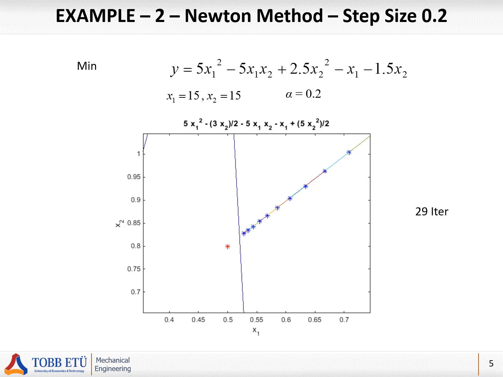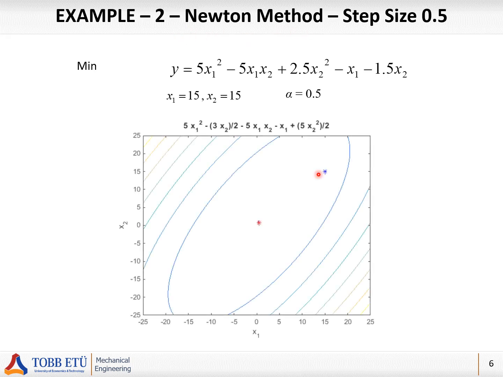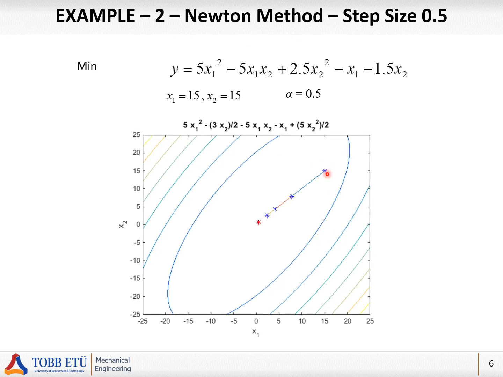Let's check step size 1 or 0.5 first. We might be worried about divergence here, but as I said, Newton's method uses the second derivative, so let's not worry about increasing the step size. Again, we start from 15, 15. You can see it goes to the minimum point, doesn't diverge, and went faster because the step size was large.